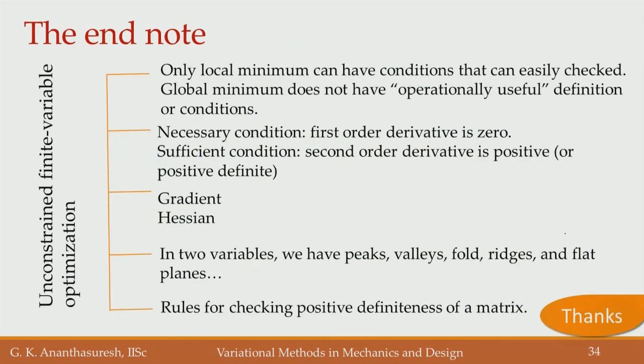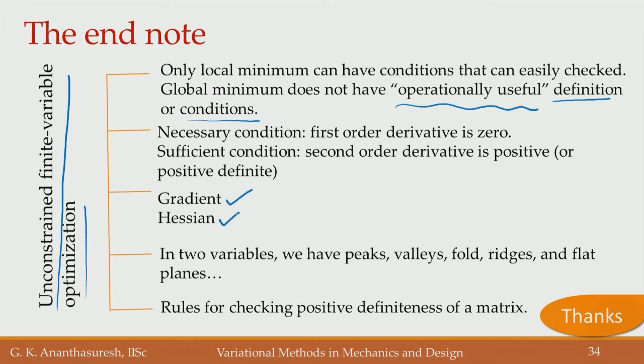Okay. Just to summarize, today we talked about unconstrained finite variable minimization or optimization, and we first talked about definitions and then we went to conditions. Definitions are not operationally useful, but they tell you the condition of a local minimum and a global minimum, and operationally useful conditions we got for the necessary condition and the sufficient condition established from it for a local minimum, and then we talked about the concepts of gradient and Hessian.